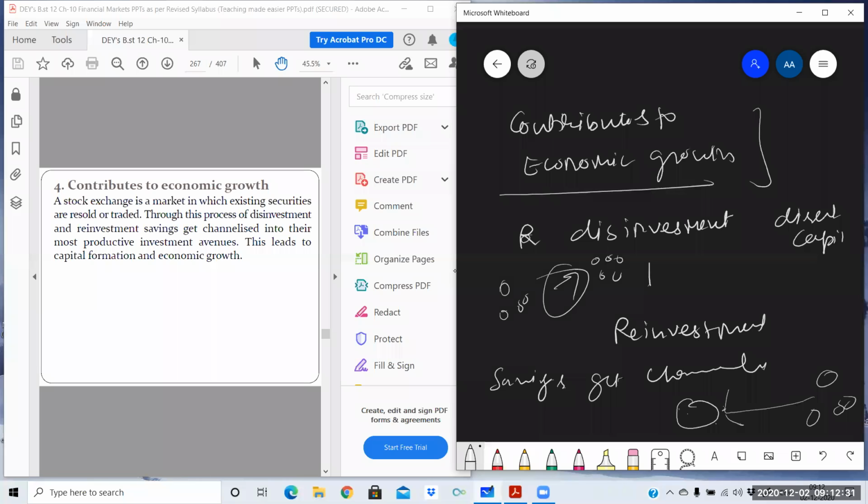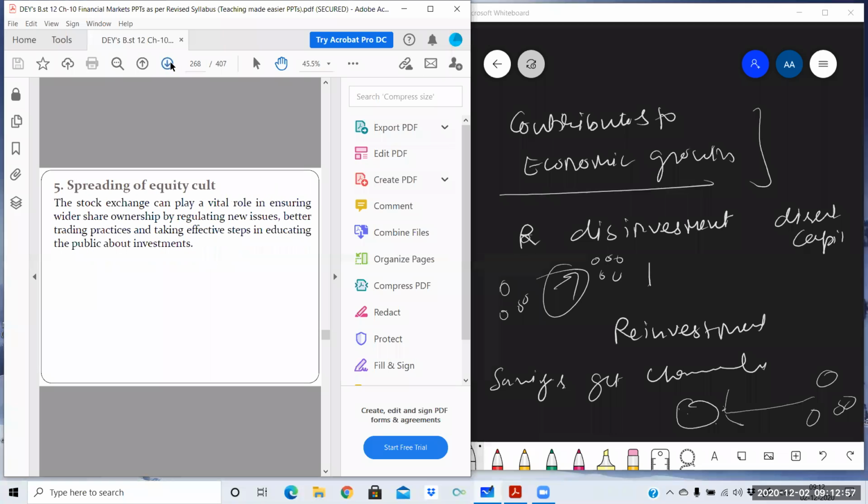So one investor's money is going to the other investor, and one investor's security is going to the other investor. In this manner, indirect capital formation is there, but basically savings are channelized here because savings are reinvested and used in their most productive use. So this leads to capital formation and economic growth.